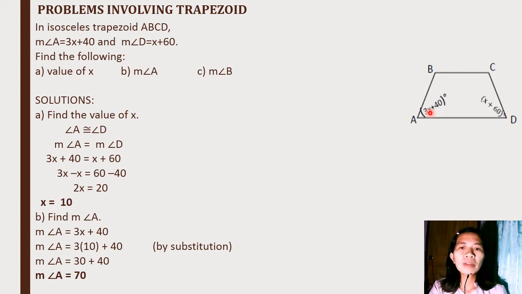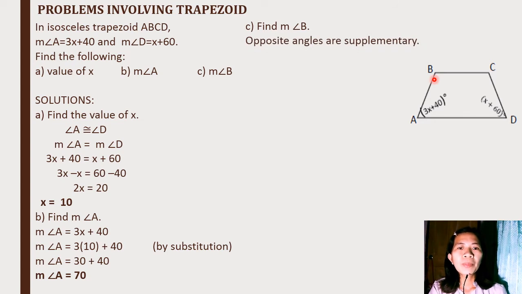Now, how about the measure of angle B? We have the property of an isosceles trapezoid, which is that opposite angles are supplementary, meaning the measures of the two angles add up to 180 degrees.